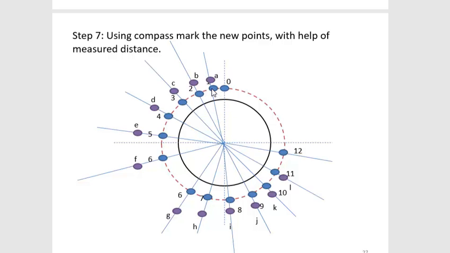This is my point number 1, and keeping my center at that point, I will mark another point which is point A. Similarly, I will take the compass, measure 2B, and with this point as the center, I will mark the distance B. With 3 as the center, I will mark the distance C, not 3, but C. And with 4 as the center, I will mark the point D. Similarly, I will do it for all the remaining points.